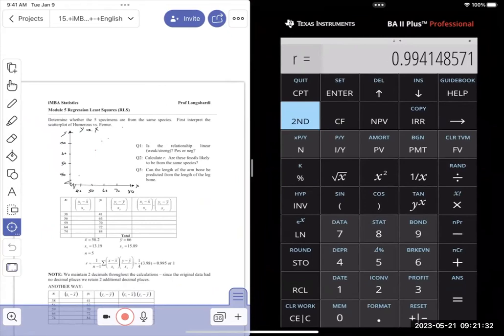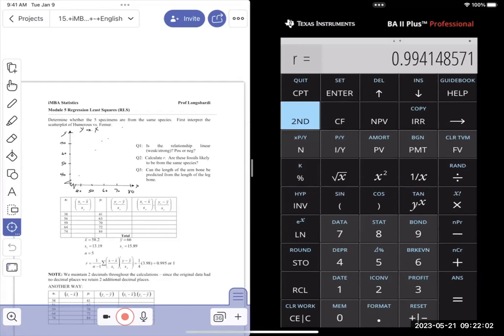The numbers are slightly different, probably because Excel keeps many more decimal places. I'm not sure, but they should be similar. Rounding, this would be 0.994. Interesting, they should be the same. Oh, it is. Sorry, it is the same.